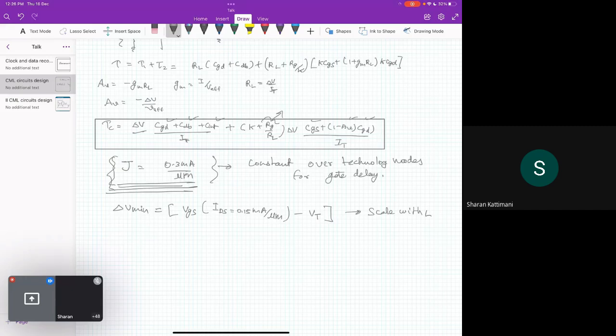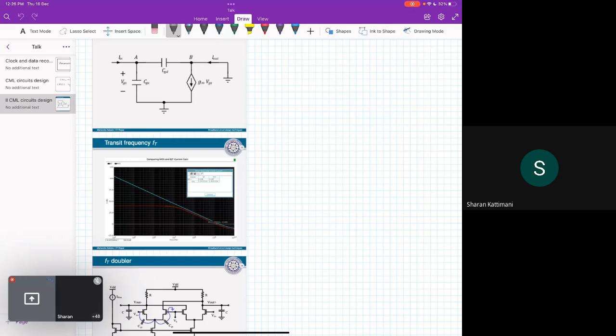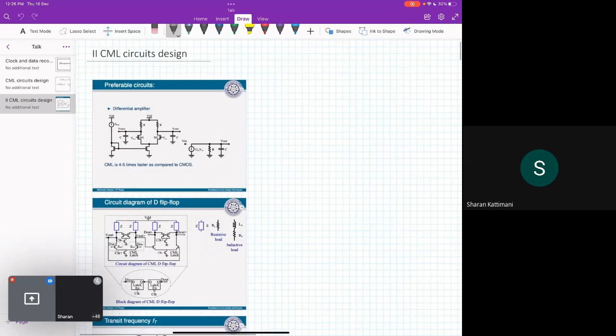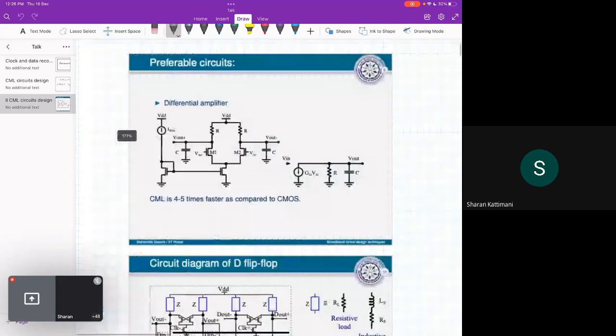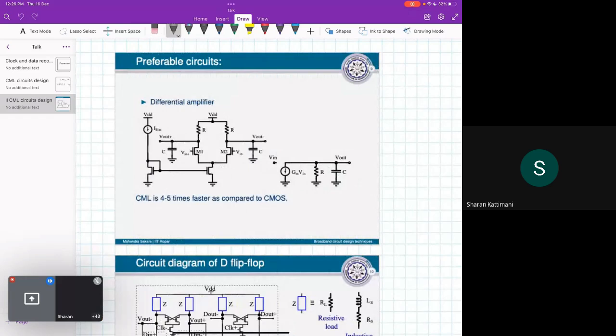Then what can be done in CML logic? Up to this point, all these are conventional circuitry. But after that, if as a circuit designer you want to improve the circuit, then you need to go for different circuit enhancement techniques, speed improvement techniques.